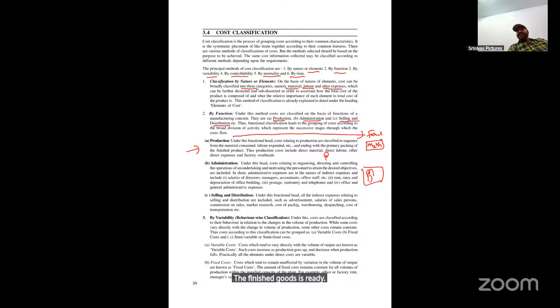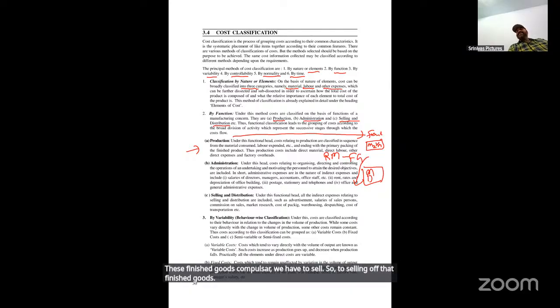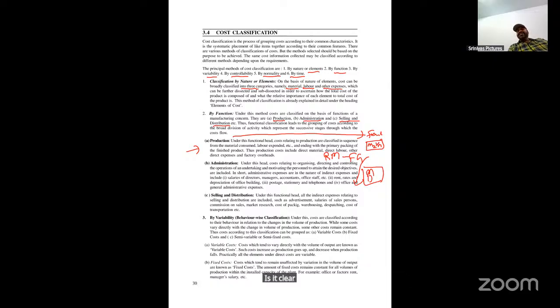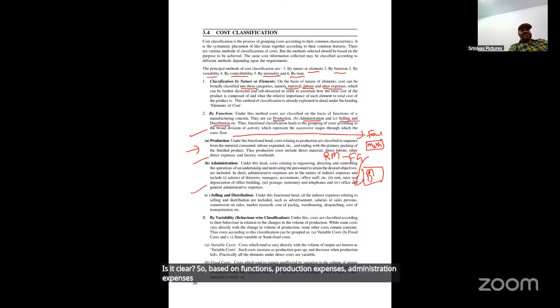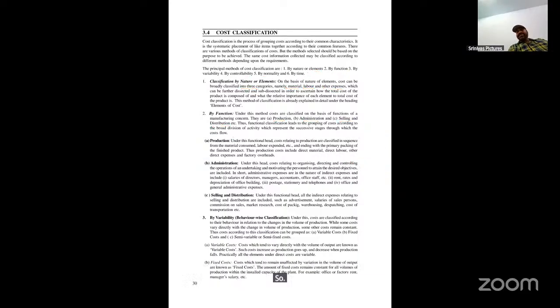The raw material is converted into finished goods. These finished goods we compulsorily have to sell. For the selling of those finished goods, some expenses are incurred, called selling and distribution expenses. So based on functions: production expenses, administration expenses, selling and distribution expenses.